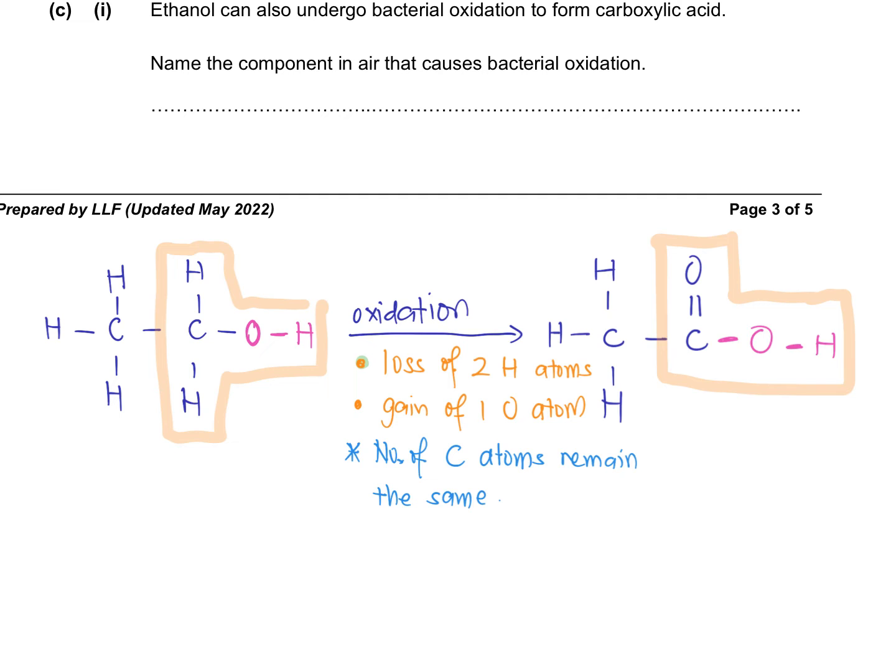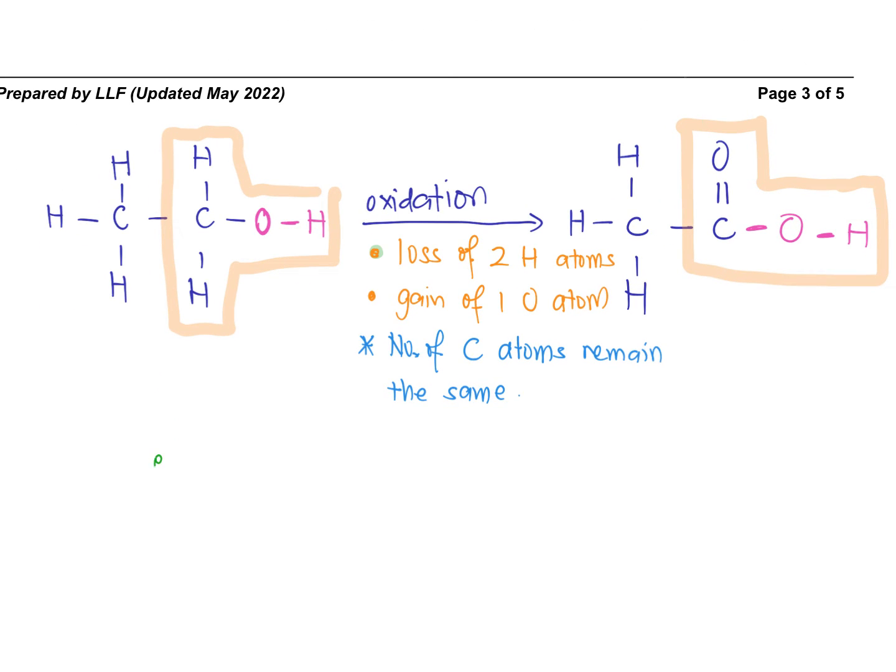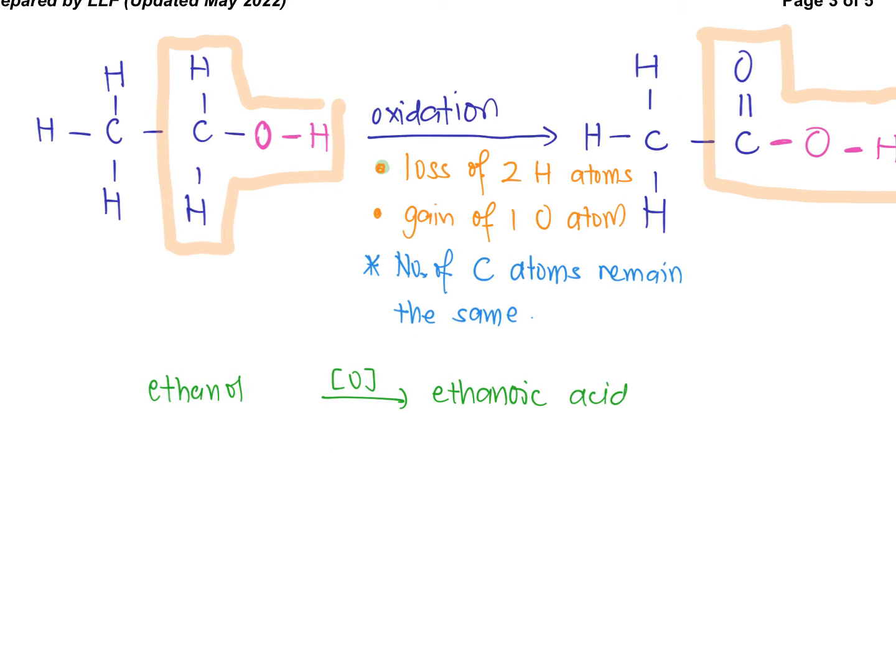Okay, so what does this mean to you? Meaning, if I give you ethanol, when it undergoes oxidation, you form ethanoic acid. So you realize again, when you are looking at the prefix, it remains the same. So if I were to give you methanol, when methanol undergoes oxidation, you form methanoic acid.